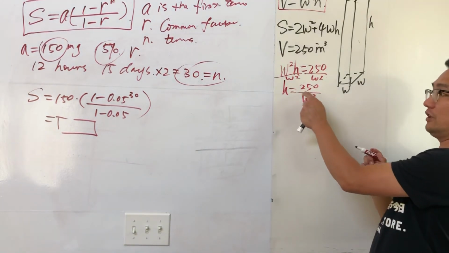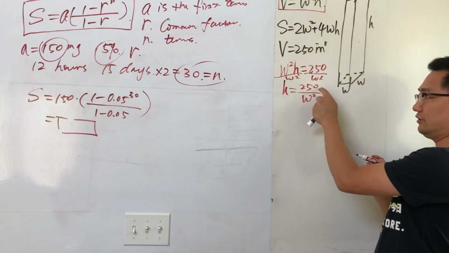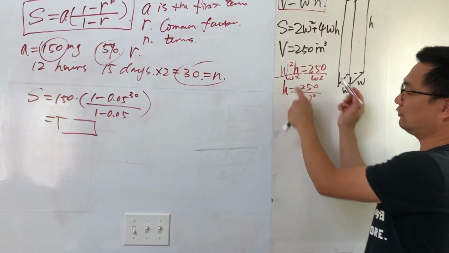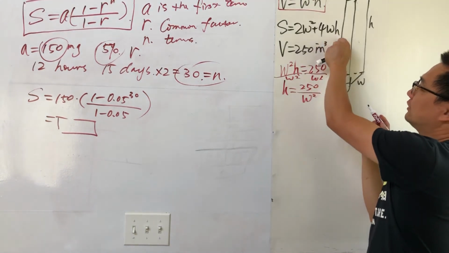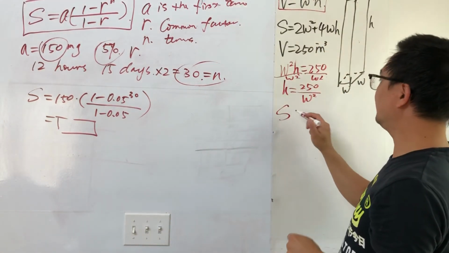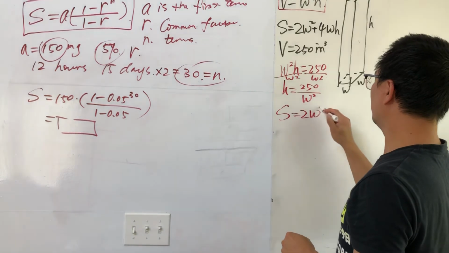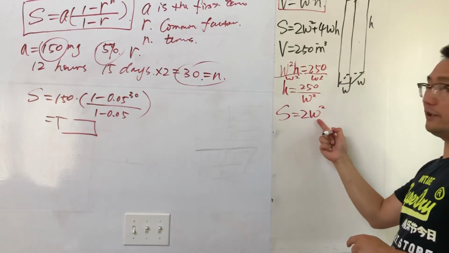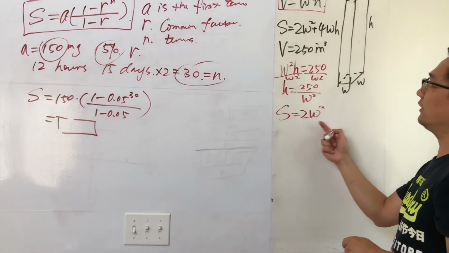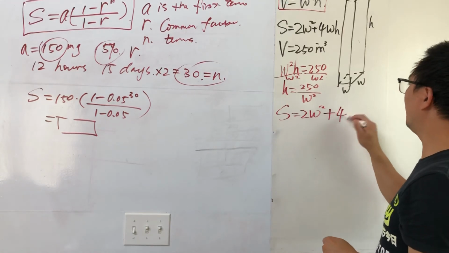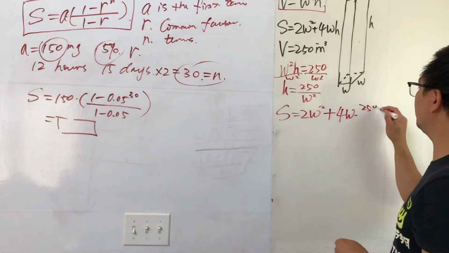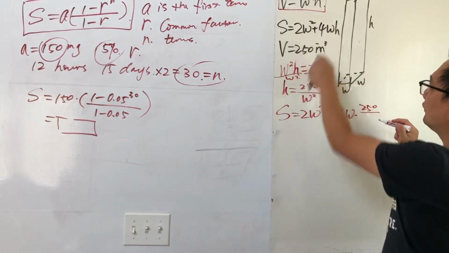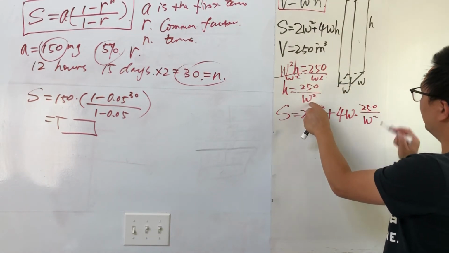So now you can do the substitution. Put this into S. So right now S is 2 width square, because this only has W, you don't need to do anything about it. Plus 4 width times the height, which is 250 over width square.